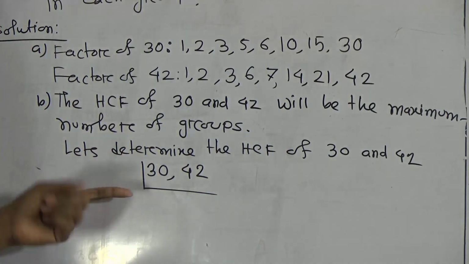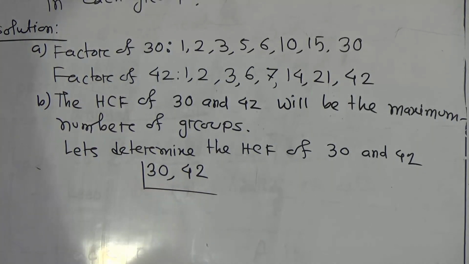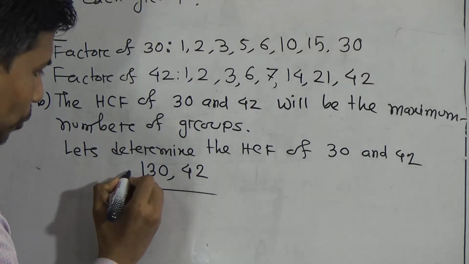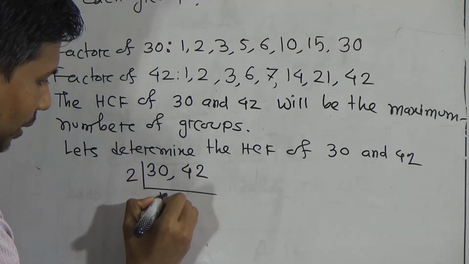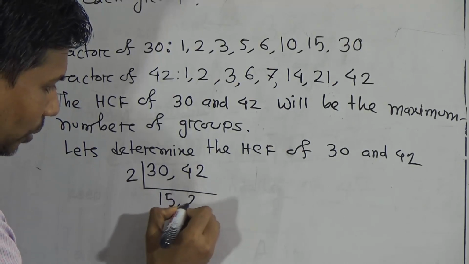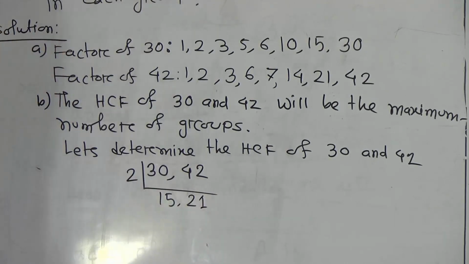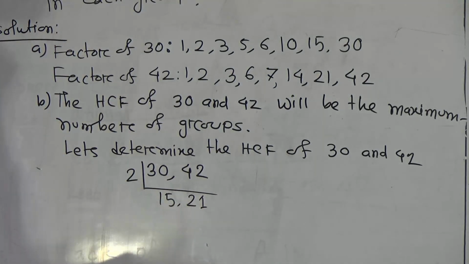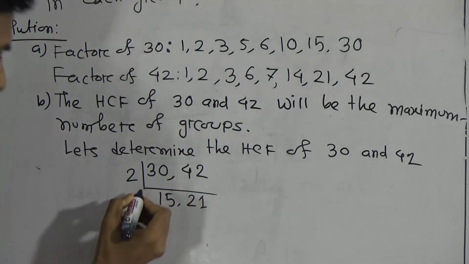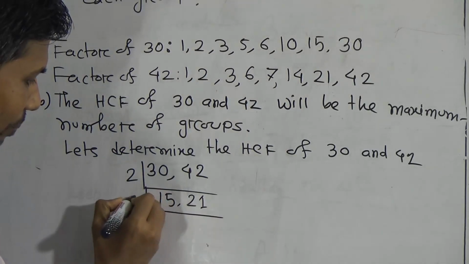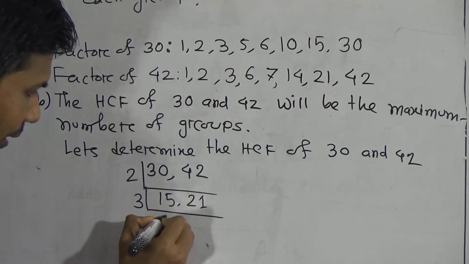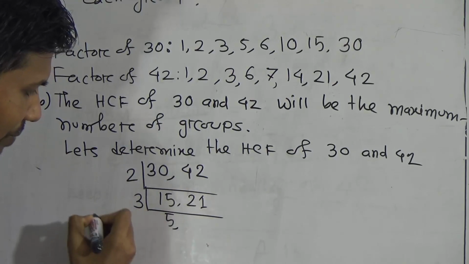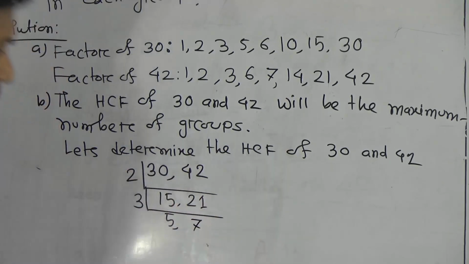Student, you have to select a prime number so that both the numbers are divisible by that prime number. If we select 2, then you get 15 and this one will be 21. Now if we divide 15 and 21 by 3, then both the numbers are divisible. So we can select the prime number 3. Now 3 fives are 15, 3 sevens are 21.